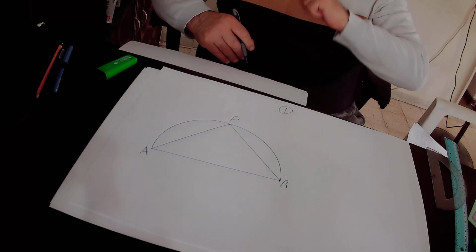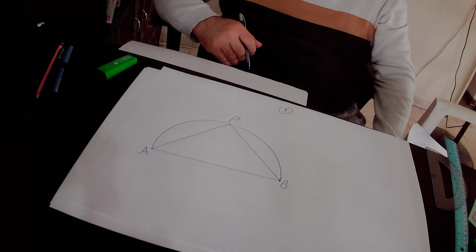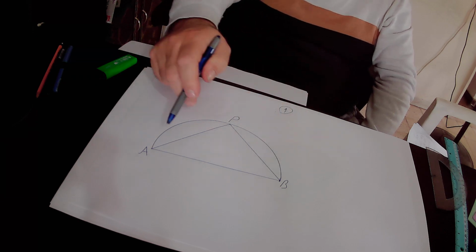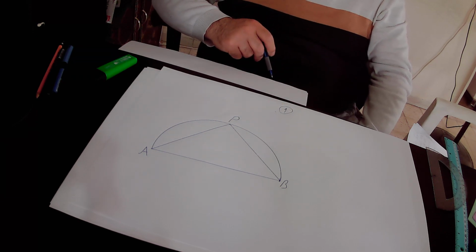Firstly, this is the white semicircle that I copied from the original drawing. AB is the diameter of this white semicircle, so I'll write it down.